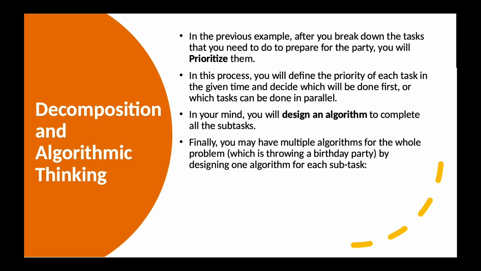So let's see how some of the subtasks can be decomposed, or how you can write an algorithm for them. First, an algorithm for place arrangement, the venue where I want to hold the birthday party. So I can write an algorithm to cover that place.